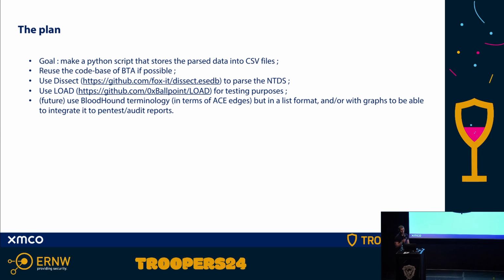And we don't want to have a really big infrastructure to do that, so we just want to store the information in CSV files, for now at least. We saw that BTA was actually made in Python as well, so we were very lucky. It's not maintained anymore, but some pieces of code we think can be reused. We will look at that a bit later.